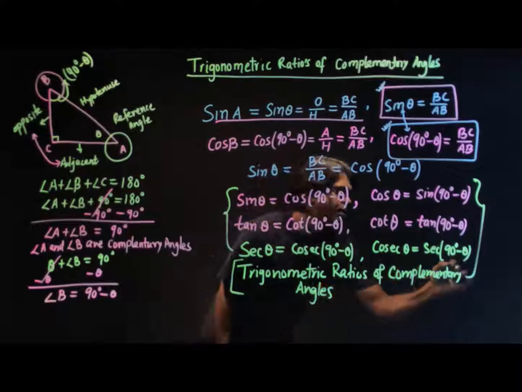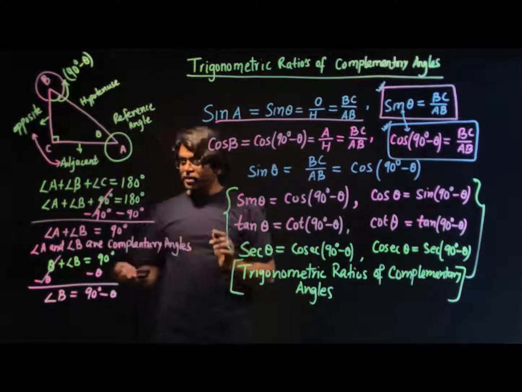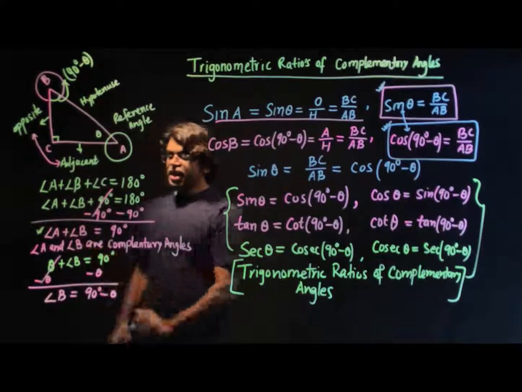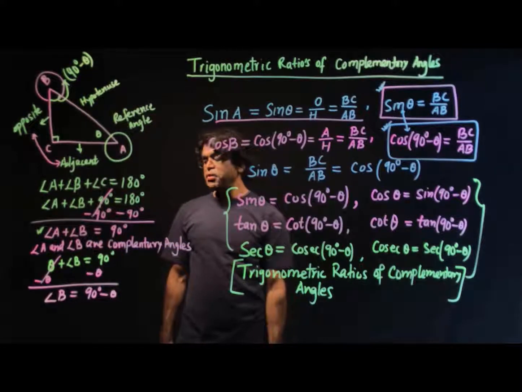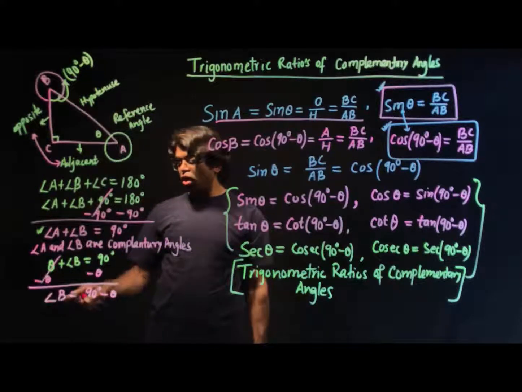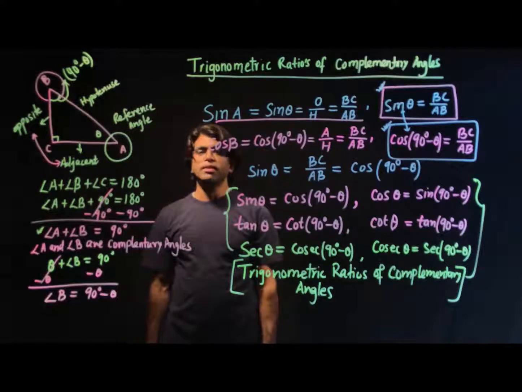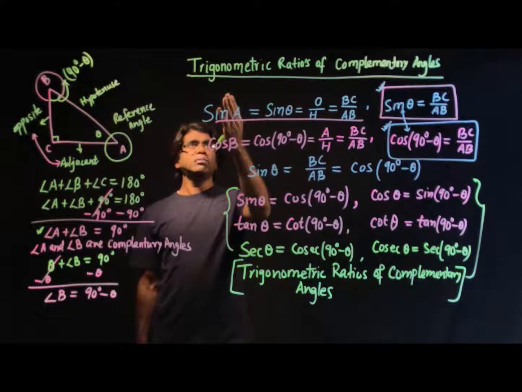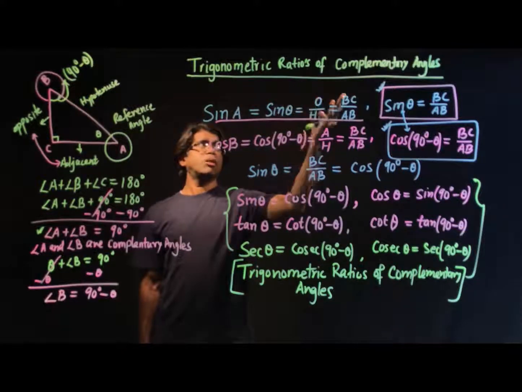And you know why? Because A and B right here are two complementary angles, and A is the complementary angle for B and B is the complementary angle for A. And this is how we can establish the relationship of trigonometric functions of complementary angles.